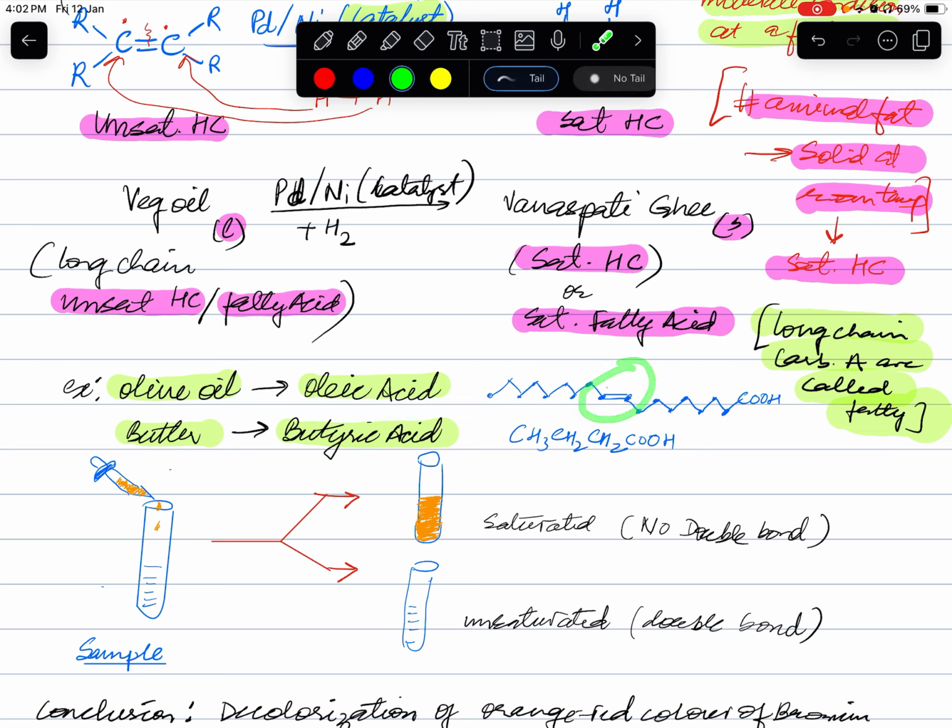So oleic acid is unsaturated, therefore it is liquid at room temperature, while your olive oil is what? It is liquid at room temperature, while the second one, your butyric acid, is a saturated carboxylic acid, therefore butter is solid at room temperature.